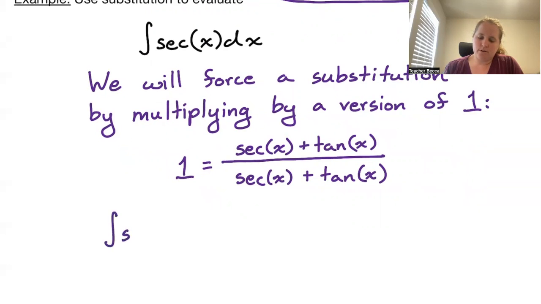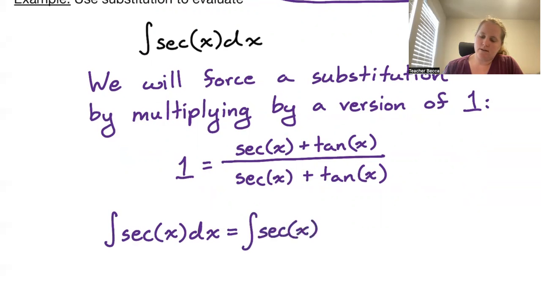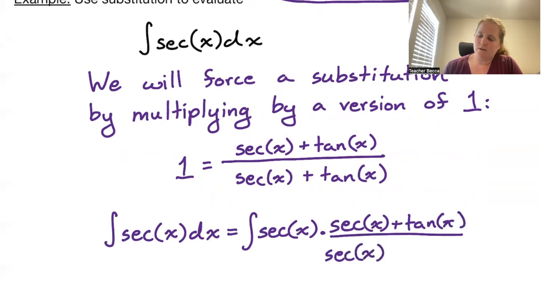The integral of secant of x dx therefore becomes the integral of secant of x times secant of x plus tangent of x, over secant of x plus tangent of x, dx.